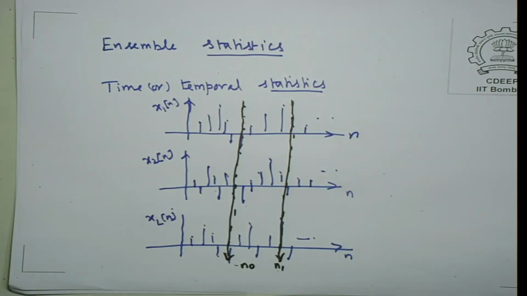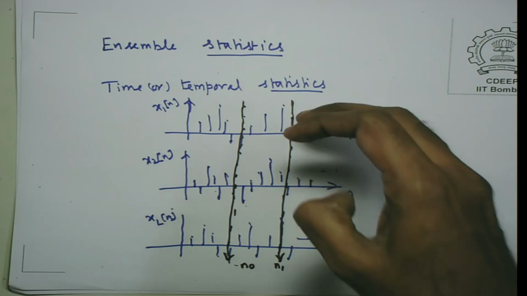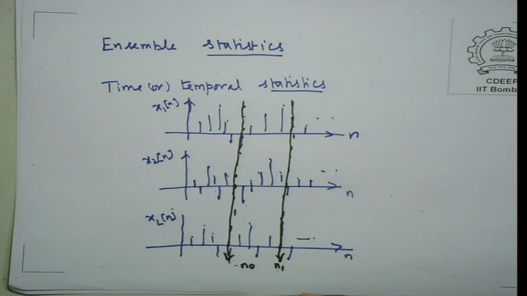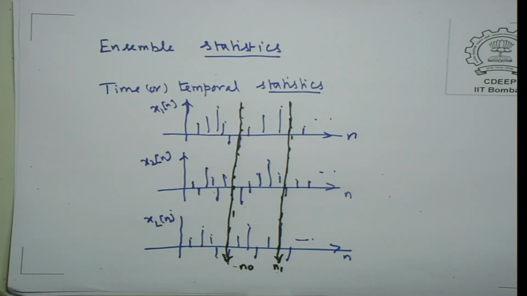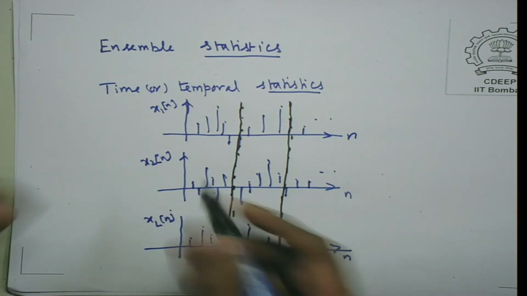But if you look at our practical application, it is not that our system is just going to wait for all these possible ensembles to happen, right. Most times we only have access to one of these realizations, because that's how the system is operating.